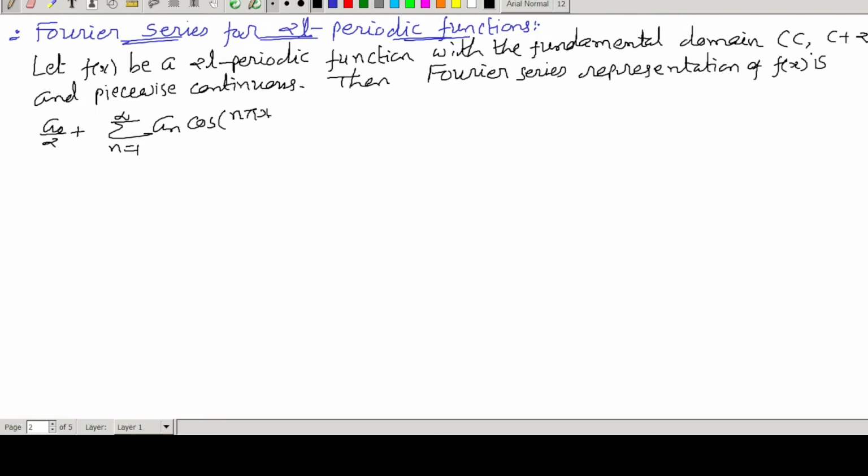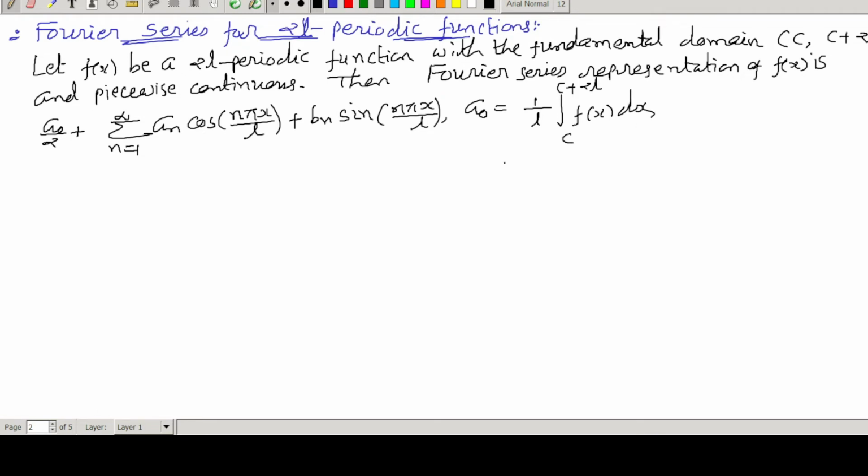Here we are writing n pi x upon l plus bn sin n pi x upon l. This is the only change where a0 is equal to 1 upon l integration over c to c plus 2l f of x dx.